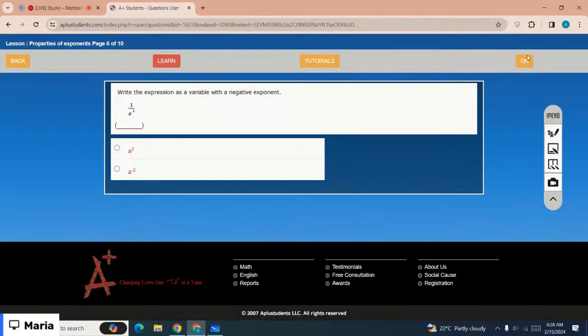Okay, write 1 over a square as a variable with a negative exponent. So a square is in the denominator, right? You can write it in the numerator, and in the denominator 2 is positive. So you can write the exponent by writing it in the numerator as negative.